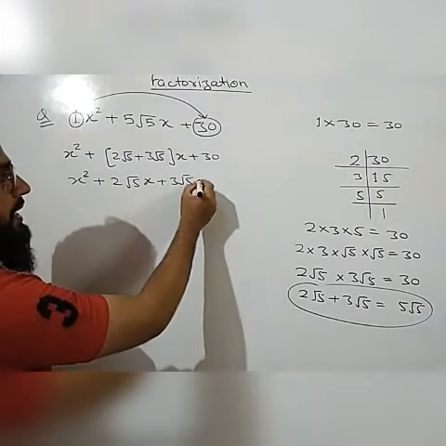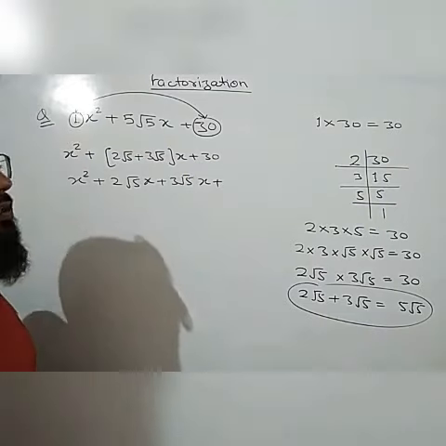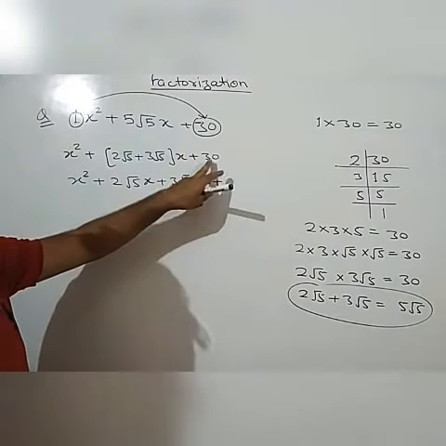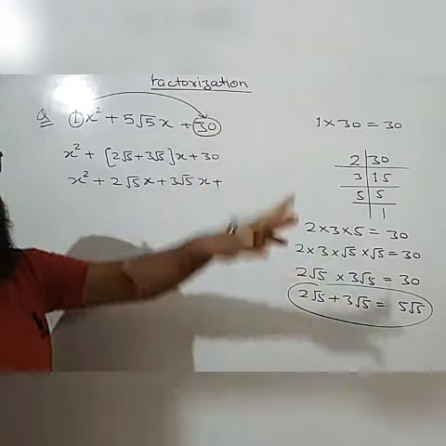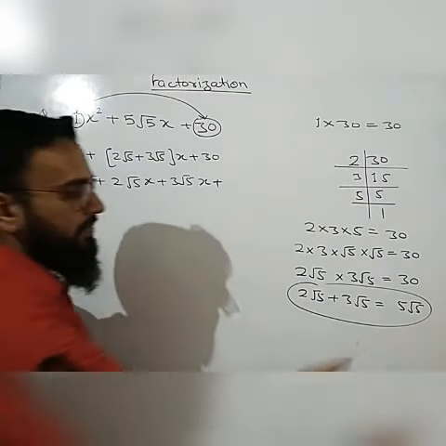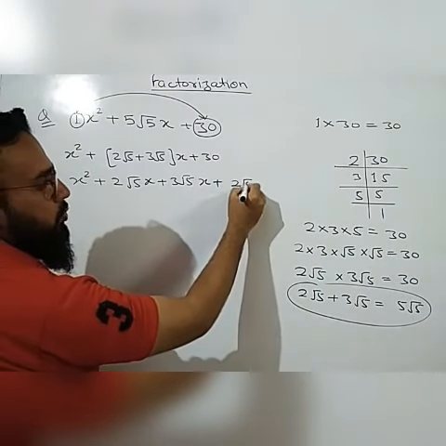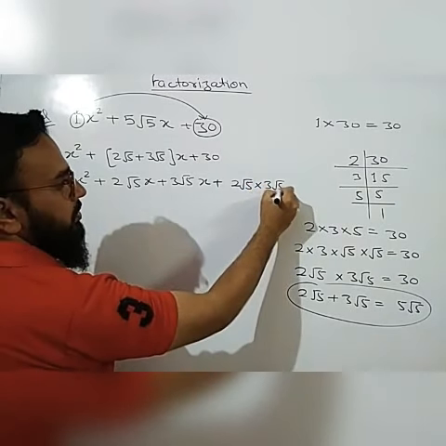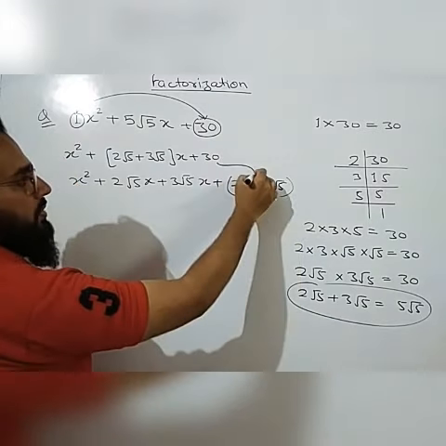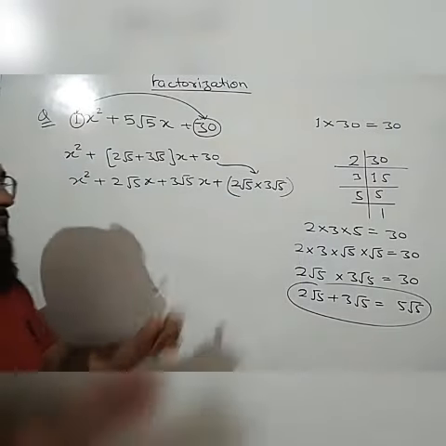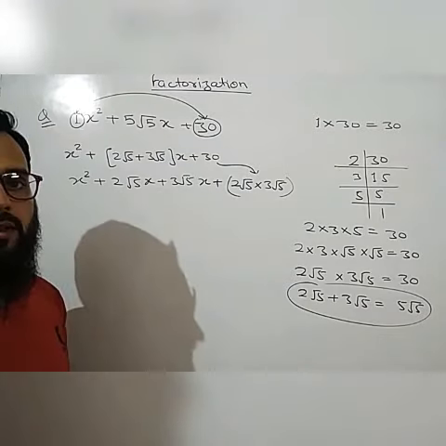It is 3 root 5x plus now this 30. Because here it is root 5, we have to write this 30 also in terms of root 5. And what can we write for 30? We can write in the place of 30, 2 root 5 into 3 root 5, so that it may be easier to take common. Okay.